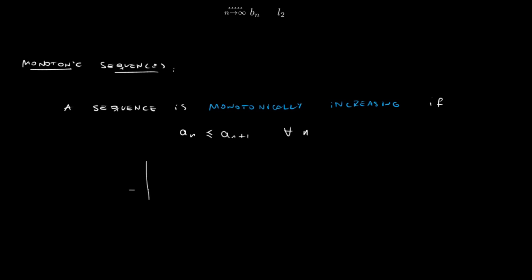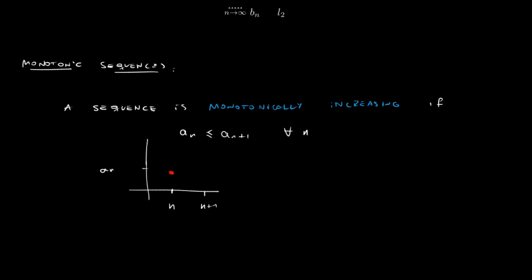Graphically, what this would mean is if we here have n, and this is n plus 1, let's say that a sub n is here, so then this number is a sub n.